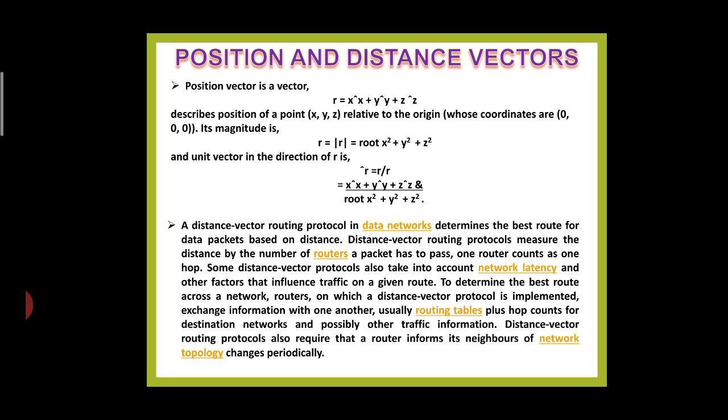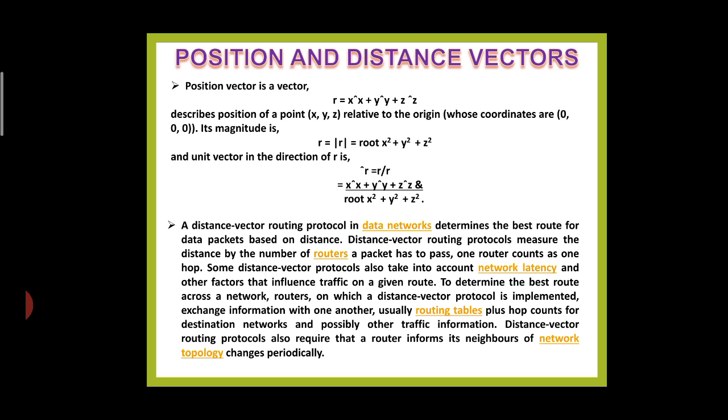Its magnitude is r, equal to the magnitude of R, which is root x square plus y square plus z square, and the unit vector in the direction of R is equal to R by r. So the equation is x into x hat plus y into y hat plus z into z hat, divided by root x square plus y square plus z square. So this is the position vector.